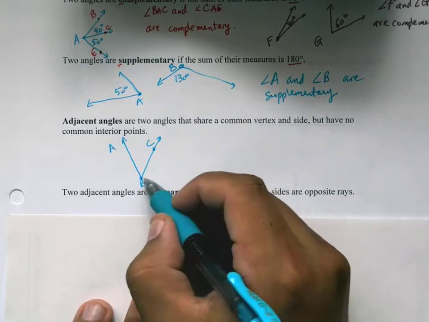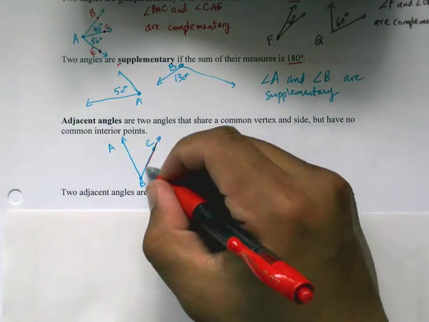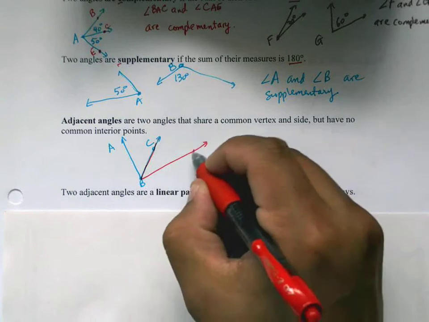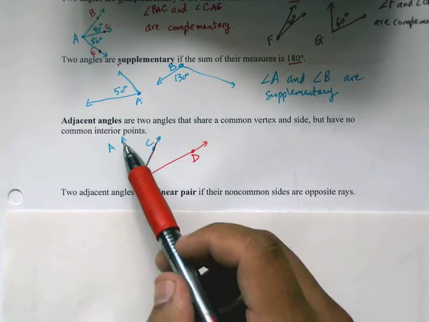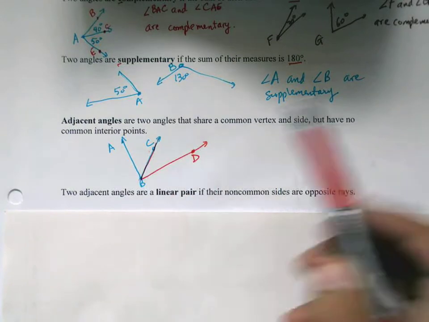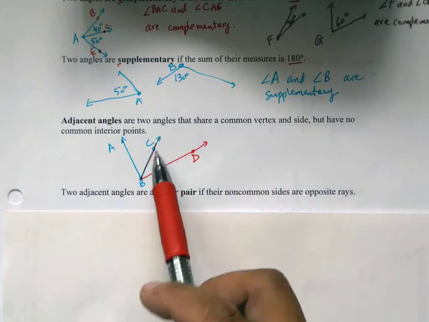So if I were to draw another angle just right on top of this, call this point D, we can say that angles ABC and CBD are adjacent angles. It basically means that they're two angles that are touching each other, but they don't overlap each other.